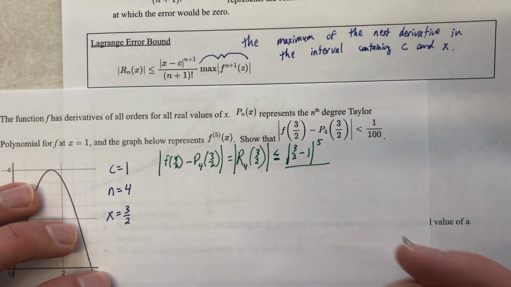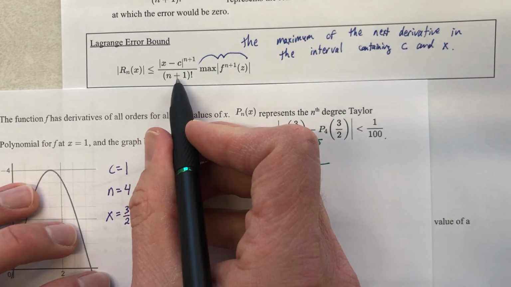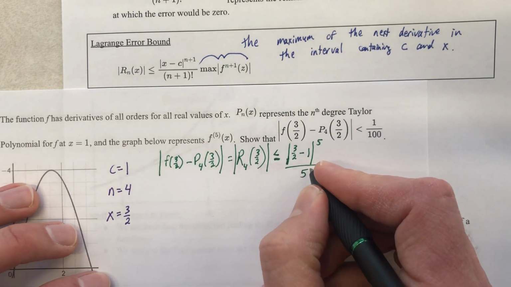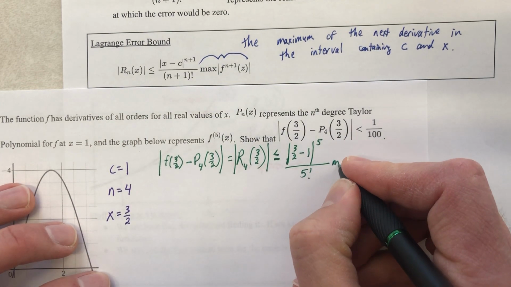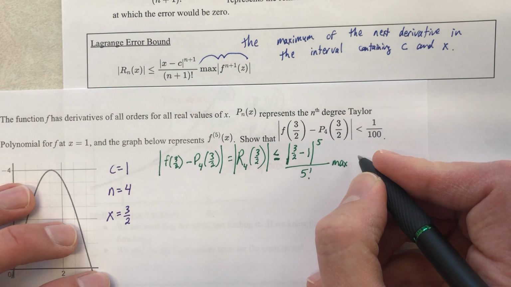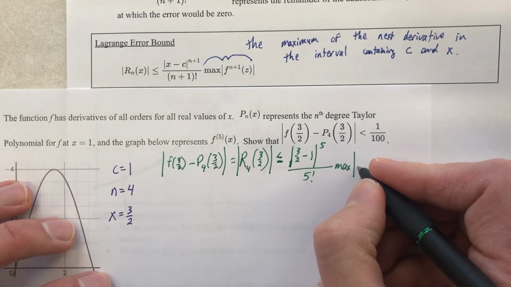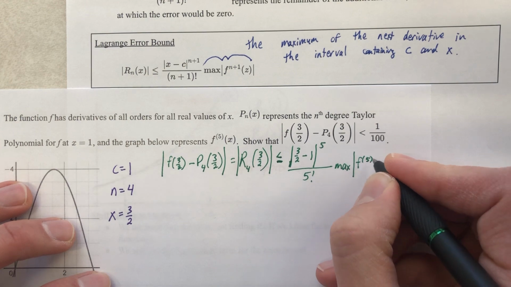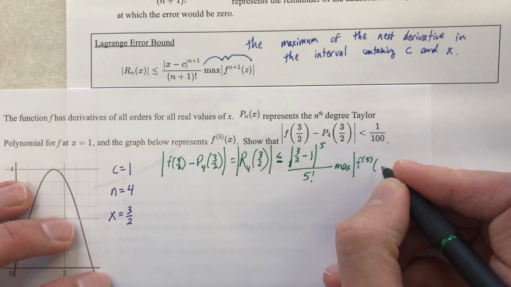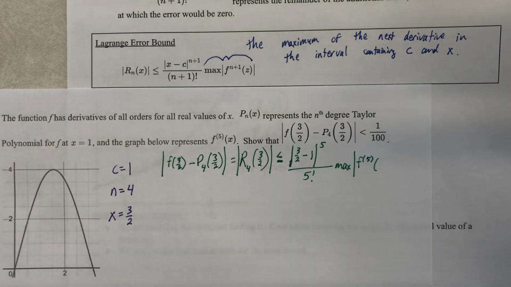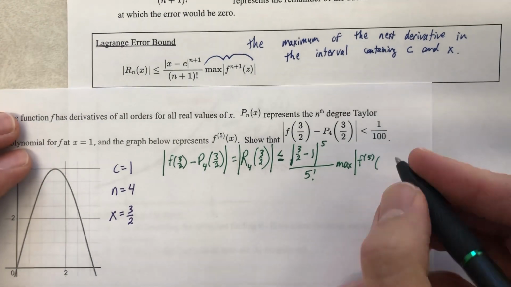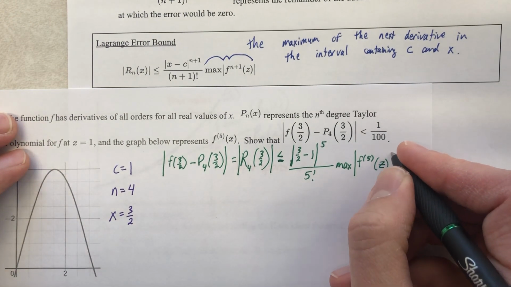Obviously, right? We're in calculus. Over 4 plus 1 factorial, so 5 factorial, multiplied by the maximum absolute value of the fifth derivative of z. What's z? I don't know. If I knew z, we could figure this thing out, and that's kind of the point. So we don't know z.